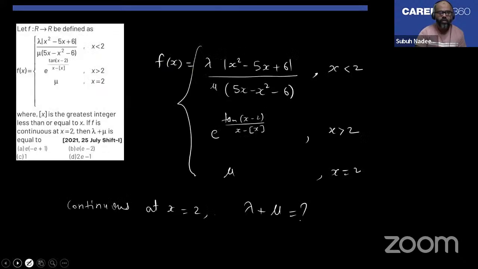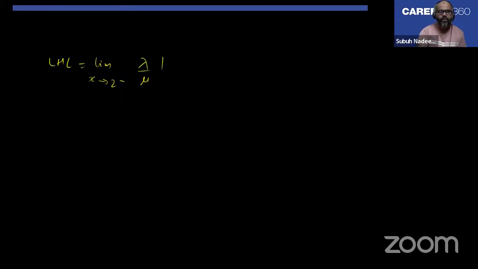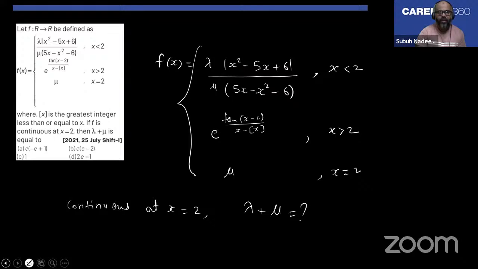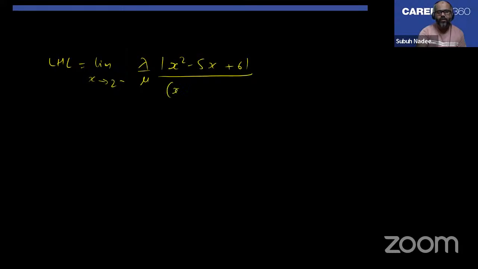mod of x square minus 5x plus 6 upon, and in the denominator if we take minus common, it will become x square minus 5x plus 6, but it will be without mod, and minus I'm taking outside.